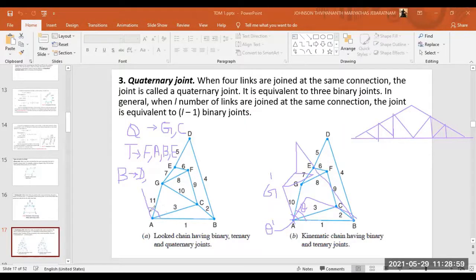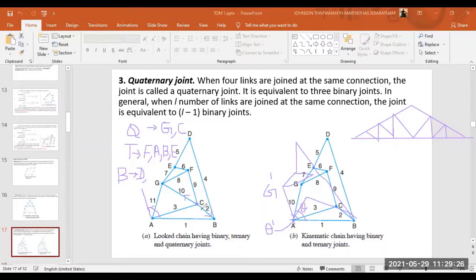Why? Because this CB link at point C is pulling this one this way, right? And this GC link, if I give some motion, should move this way, right? If I am moving this AG this way, this CG link should move that way, right?